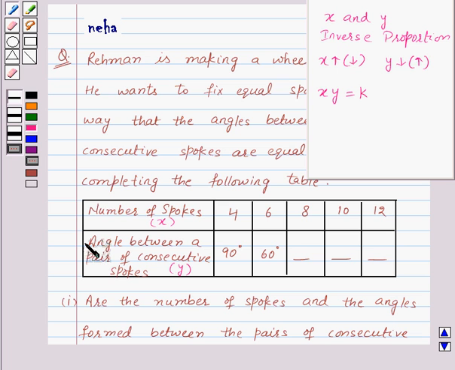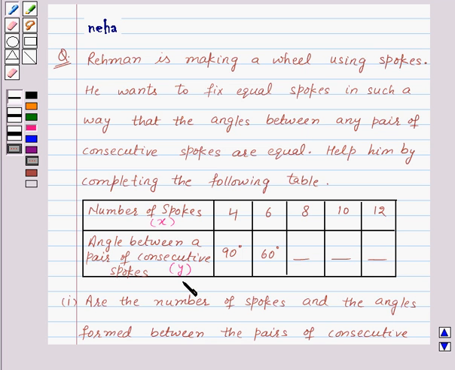Now in the given table, if we consider the first two cases, then the number of spokes, that is x, is increasing and the angle between a pair of consecutive spokes, that is y, is decreasing. Now let us check whether the product of x and y remains constant or not in these two cases. So let us take the first case, that is x is equal to 4 and y is equal to 90 degrees.